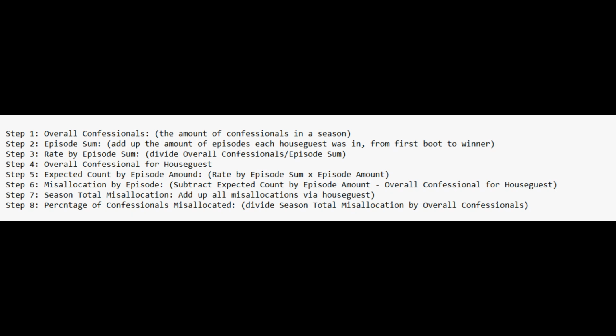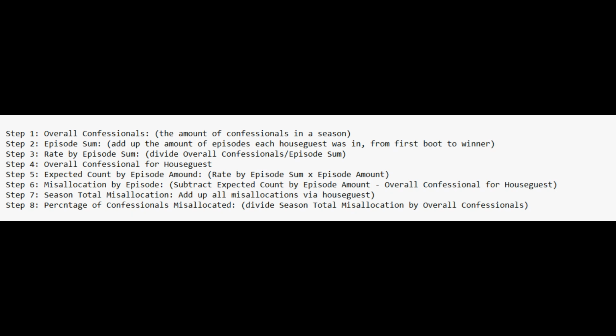The second part is where I look at each contestant for that season. For an example, Justin from Big Brother 2 has an overall amount of 12 confessionals or diary rooms. The overall will be the amount of diary rooms that a contestant actually has on the season. The next variable that I'm going to use is the expected count by episode amount.